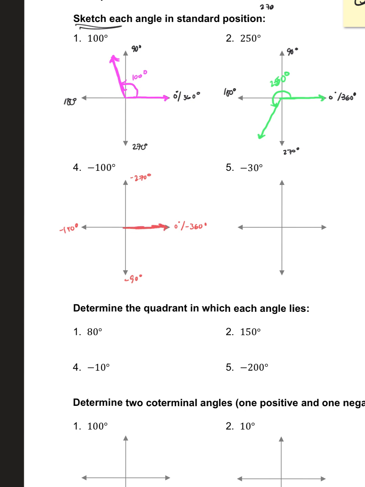It still starts with a positive. It doesn't change because it's a negative number. It just goes in a different direction. So it still starts here. And then I'm going to 100 degrees, which is roughly right here, a little bit past the negative 90. So again, draw my angle direction, draw the terminal side, initial side, and this is negative 100 degrees.